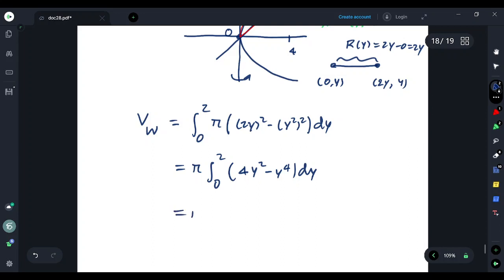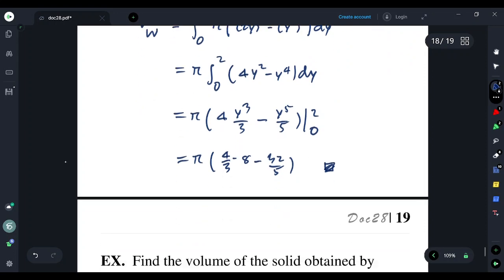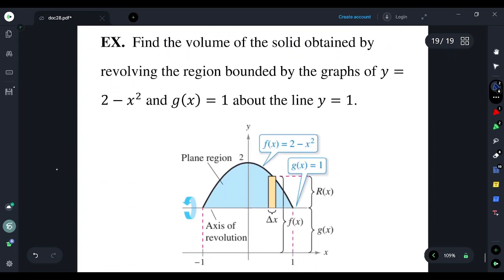So it is pi times 4y cubed over 3 minus y to the 5 over 5, evaluated from 0 to 2. It's going to be 4/3 times 8 minus 32 over 5, and that's the answer. The last example will be left as an exercise.